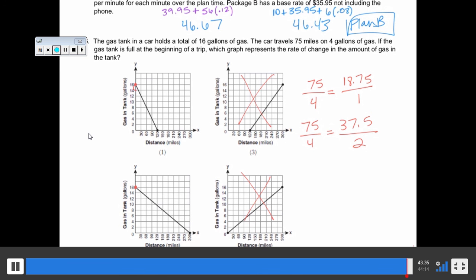So if I use 2 gallons of gas, then whenever I come over here, I should have gone 37.5 miles. Well, if I look down for graph 1, I haven't even gone 30 miles. So let's look down here. So here, if we go down 2 gallons of gas, and then we come over here and look, we've gone just over 30 miles. So it's going to have to be graph 2 matches with this problem.